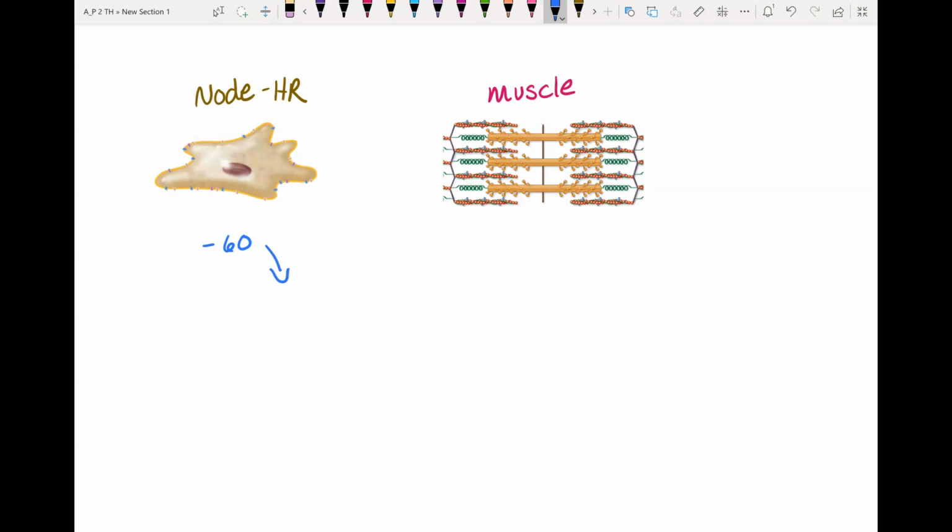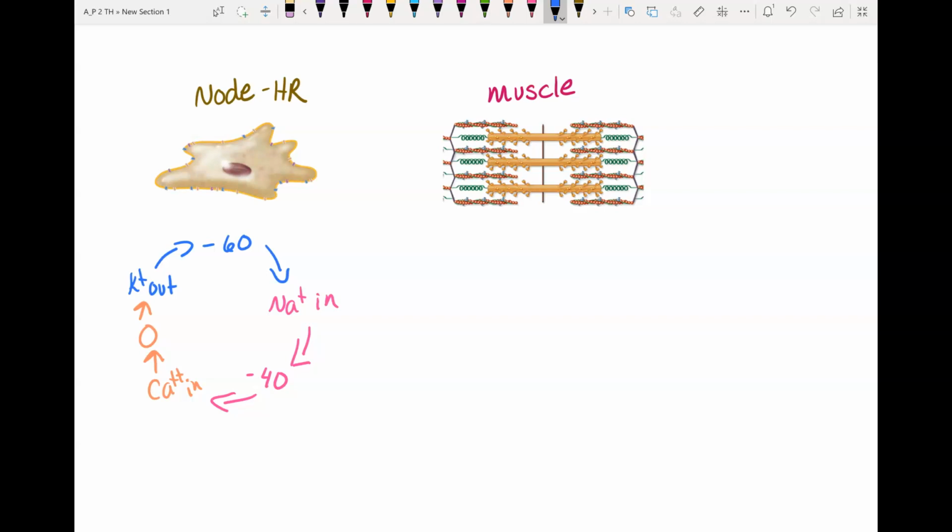The -60 causes the sodium gates to open, and sodium comes in. Sodium comes in and raises the voltage to -40. This stimulates the calcium gates to open. Calcium comes in, raises the voltage to 0. This stimulates potassium gates to open, and potassium goes out, and your voltage goes back down to -60.